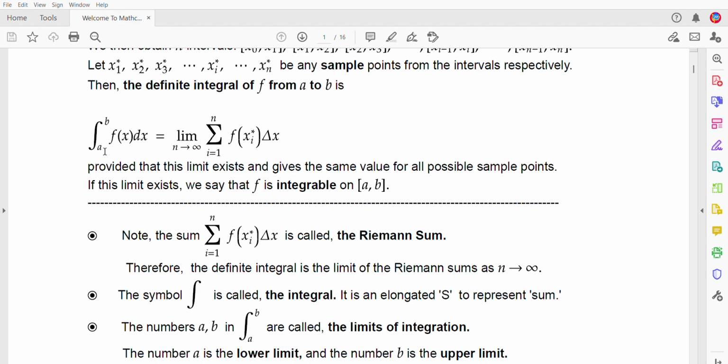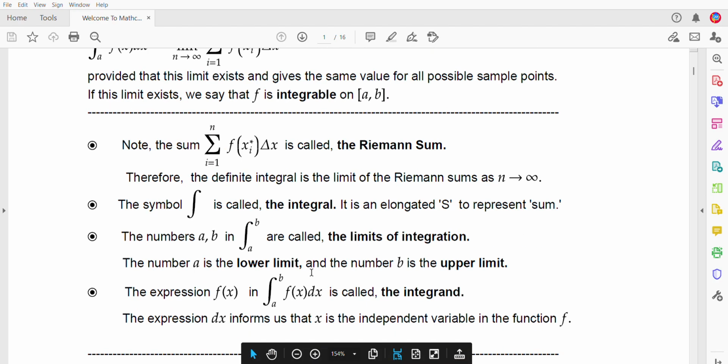The symbol is an elongated s, and it is called the integral. It is an elongated s to represent the sum. The numbers a and b are called the limits of integration.